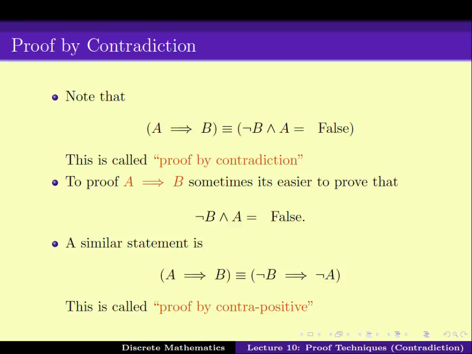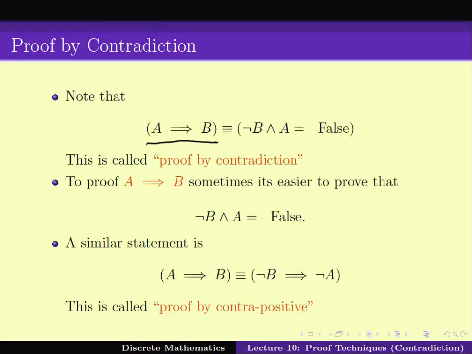So here is the idea. Note that proving A implies B, or this statement A implies B, is equivalent to the statement not B and A is false. So in other words, to prove A implies B, one can prove not B and A is false.